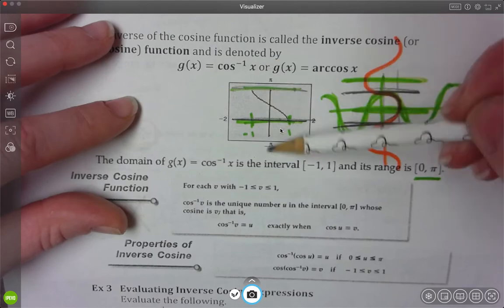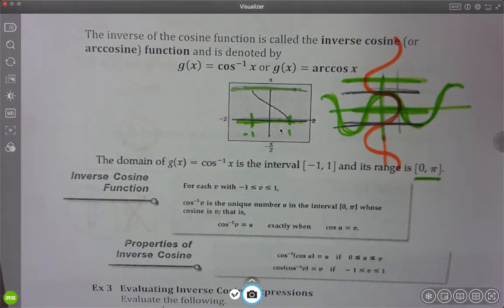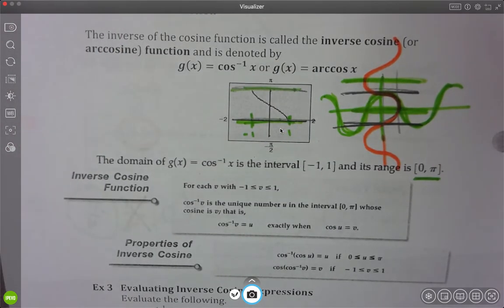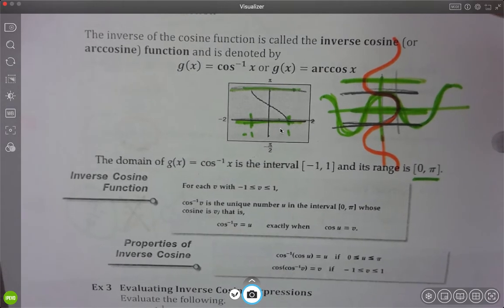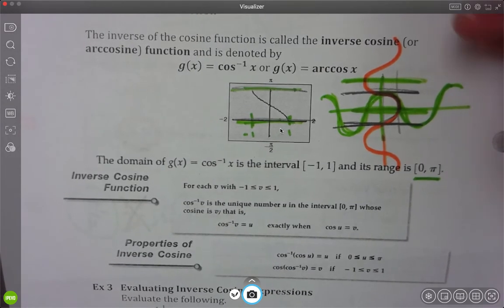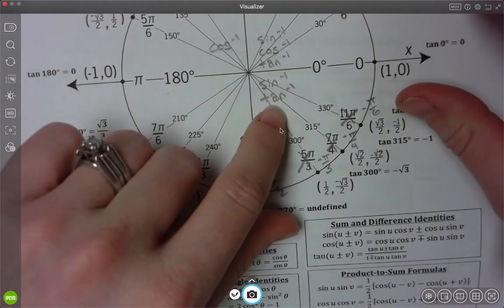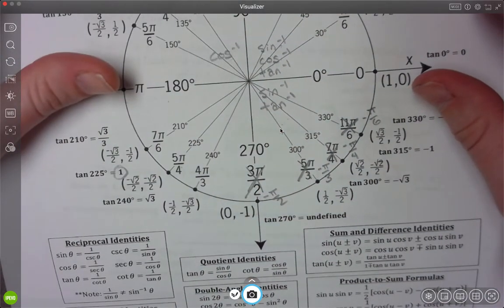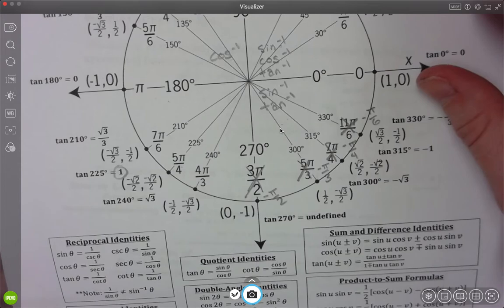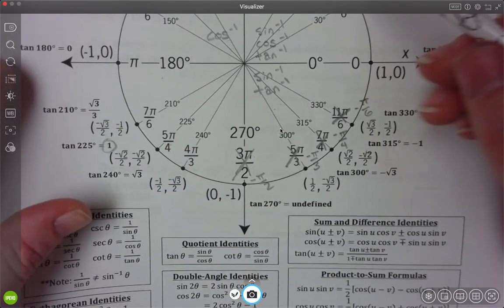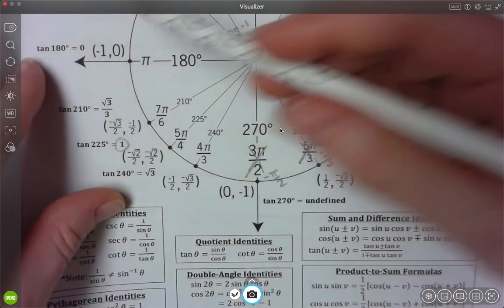So we have to chunk him off and only get one answer, okay? And so that's why we have to restrict him down. So make sure you have written on your unit circle where these guys live, and that can help you do that, okay? You might have to write them off to the side over here, which is fine, but there you go, okay?